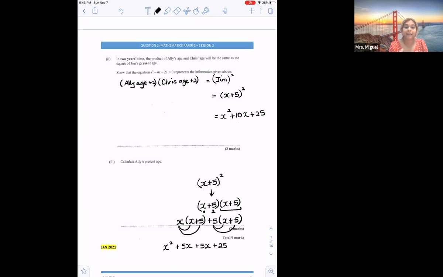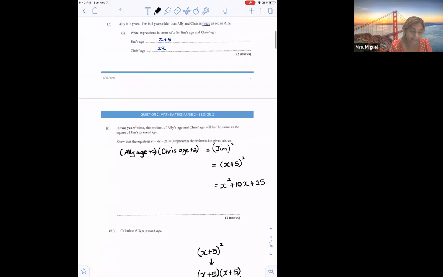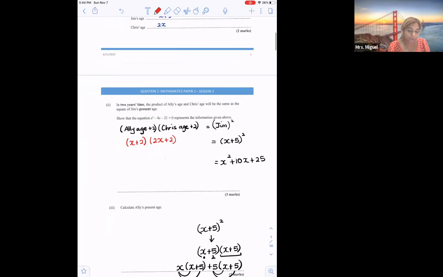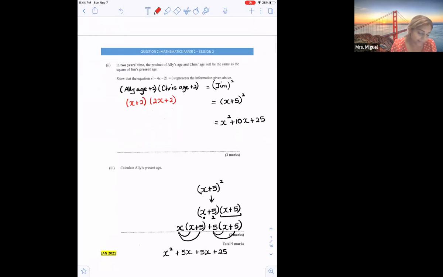So we're going back to Ali and Chris's ages. Ali is x, so Ali's age plus 2 years would simply be x plus 2. Chris's age is 2x, so his age plus 2 is 2x plus 2. So here what I want you to do for me, take down what I have.